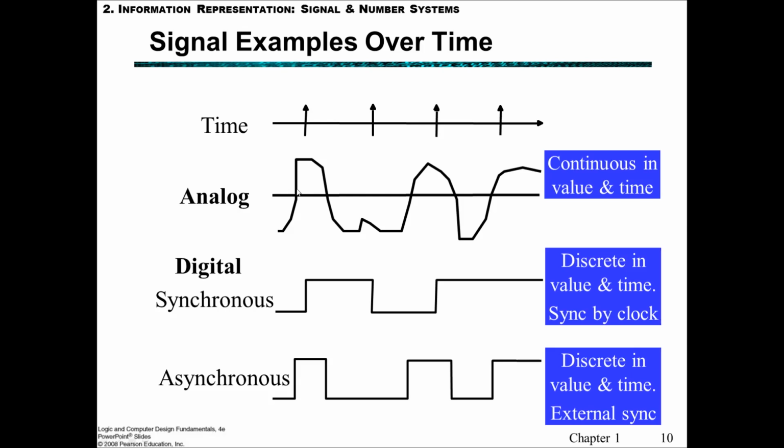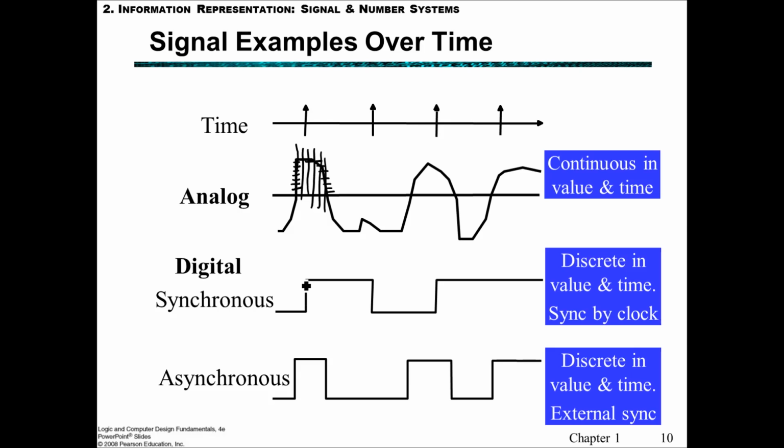So we can have any value up here, not necessarily just discrete steps, although in the picture it's discrete steps, and any time value as well. In the real world, if you zoomed in further and further, there would always be some sort of continuous change between. Whereas a digital system has discrete values in both time and value.